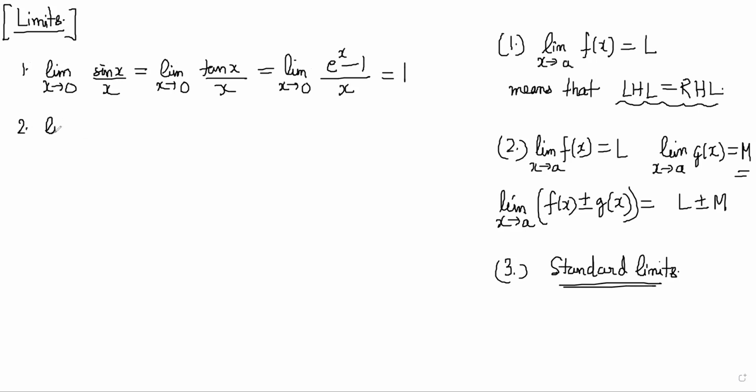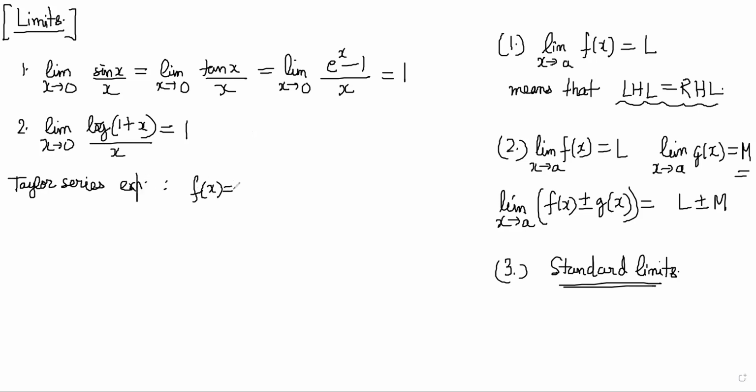We also saw this one, the limit as x tends to 0 of log(1 plus x) by x. That is also 1. And we saw that all of these can be derived from the Taylor series expansion of the corresponding functions. So for example, any f(x) can be written as f(0) plus x power 1 by 1 factorial f dash 0 plus x power 2 by 2 factorial f double dash 0 and so on, right?